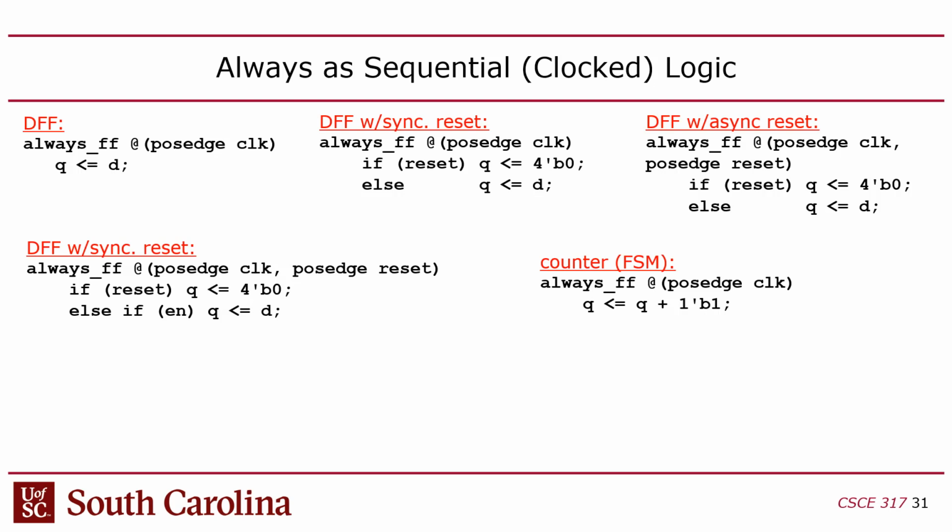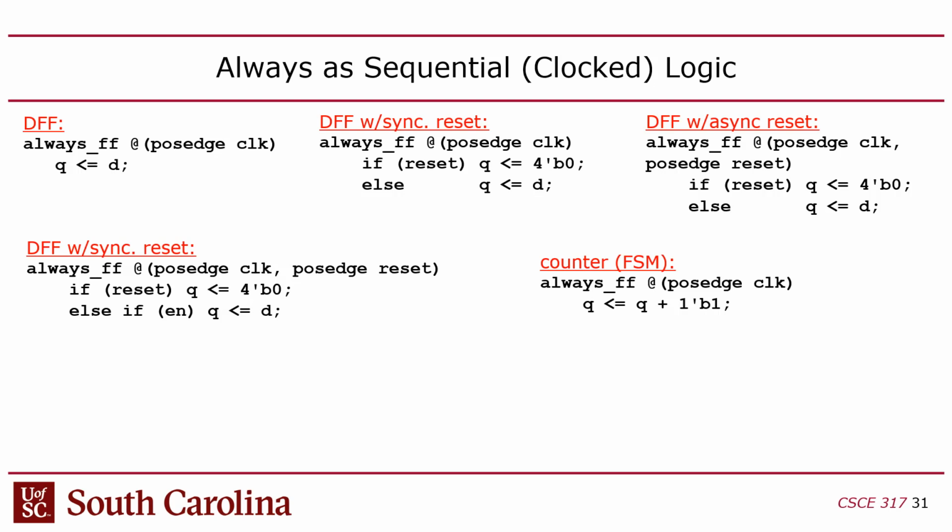So then we can create a D flip-flop, and we can add a reset. Sometimes you have a reset, like you just connect a reset to the reset button on your computer. You hit the reset and it clears everything, right? So you can just add an if statement.